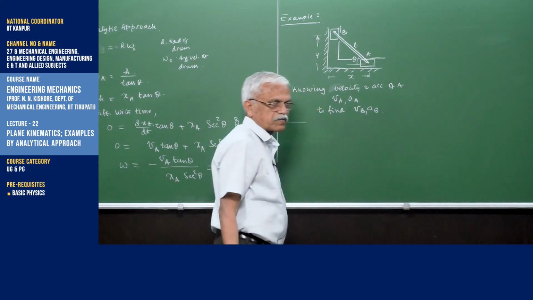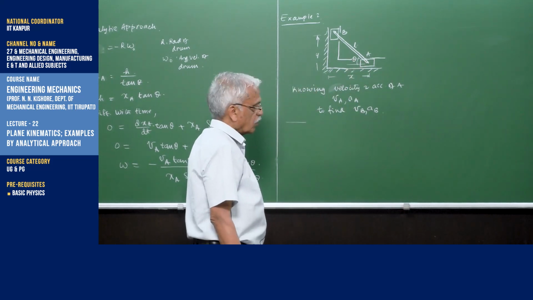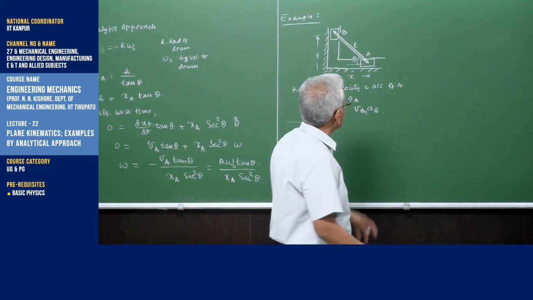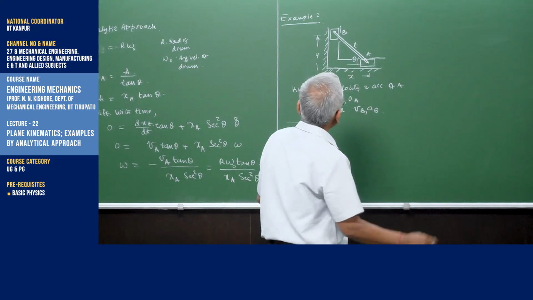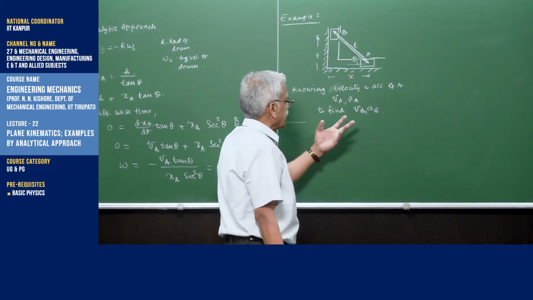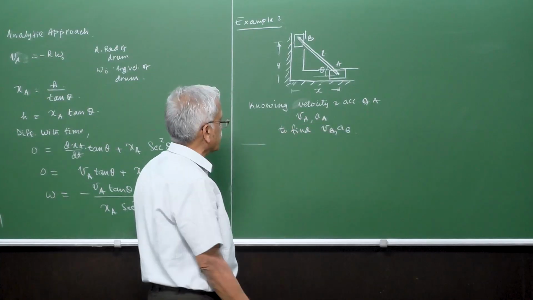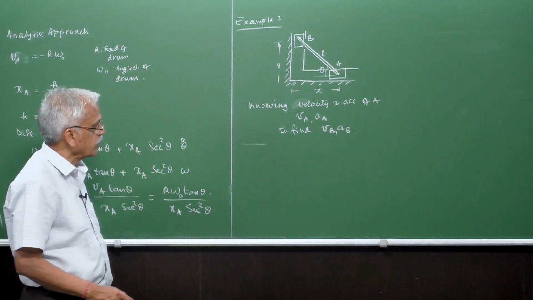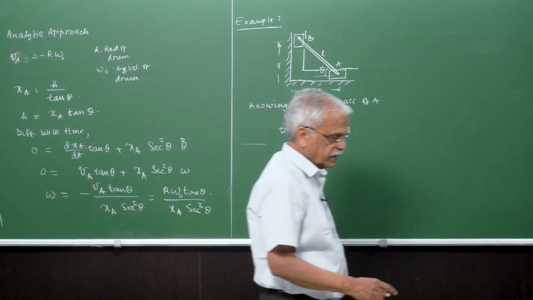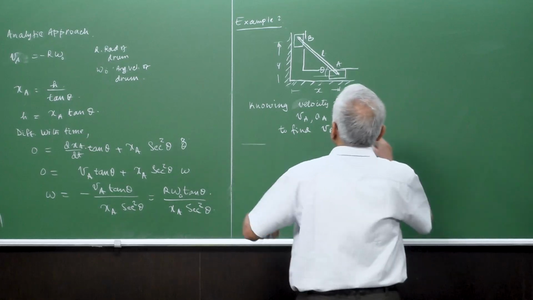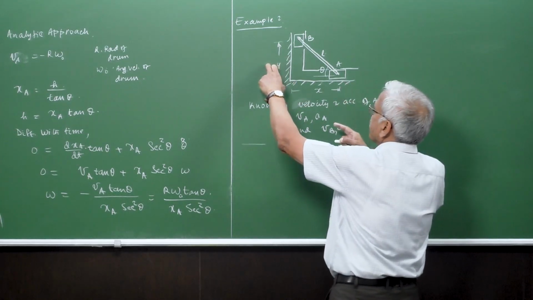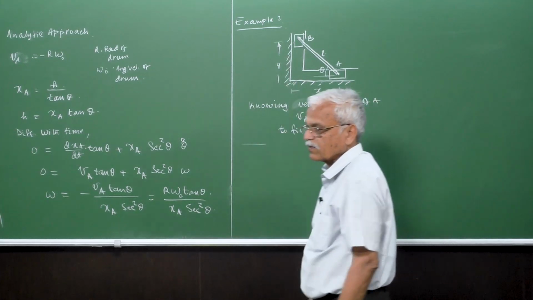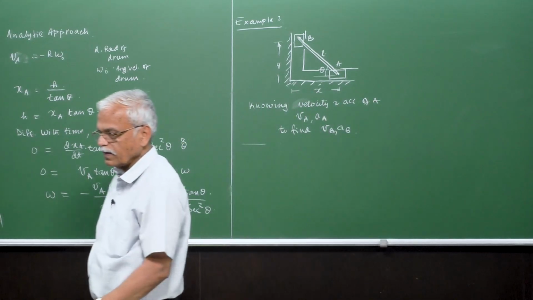This also you can represent by theta, and then this has a velocity given by VA. Let's assume that's given to us. So we'd like to find out VB and aB. So let's try to get a relationship. y is equal to x tan theta. That's one way of doing it.